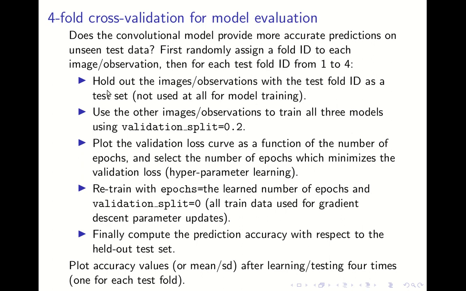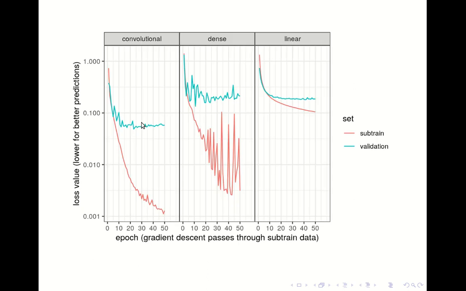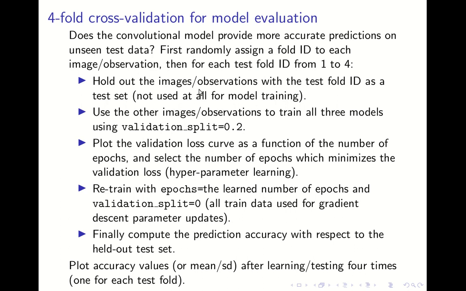Say we're doing test fold ID 1, we're holding out all of the images which were randomly assigned test fold ID 1 as a test set. So they're not used at all for model training, not even in this picture here where we're using the validation set. The test set is something totally separate that we set aside at the very beginning.